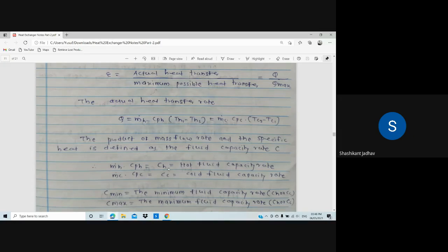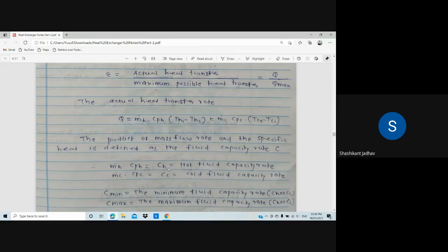So how to calculate the actual heat transfer rate? Already we have discussed these equations. Q is equal to m Cp delta T. By using that equation, we have to calculate the value of the actual heat transfer rate.